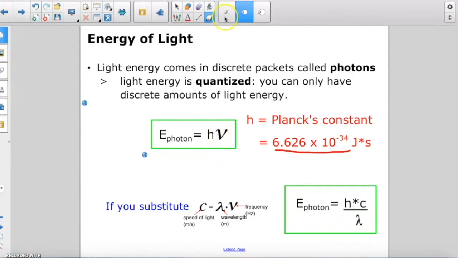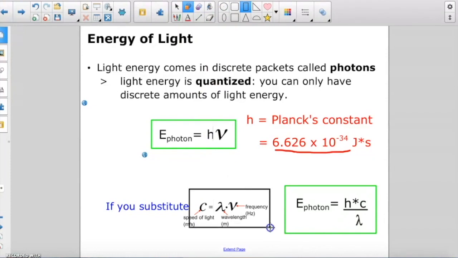The frequency can be calculated using the equation that we have learned before, that says that light has a speed that equals its frequency times its wavelength. Remember, its frequency times its wavelength. If I want to know the frequency of the light, and I know the wavelength and the speed of the light, I will be able to solve this equation.